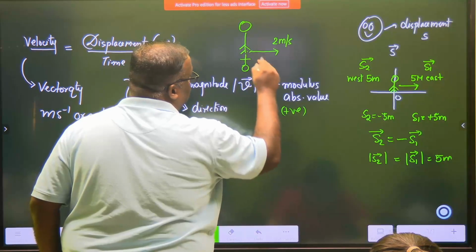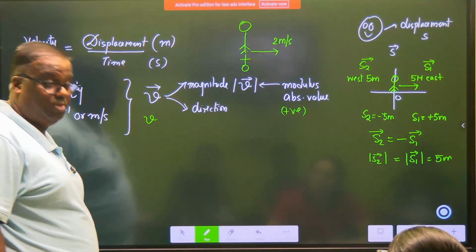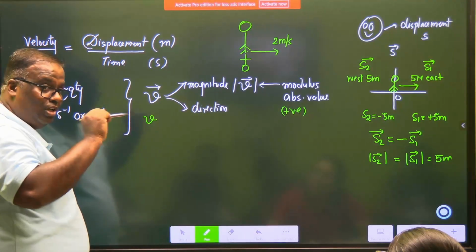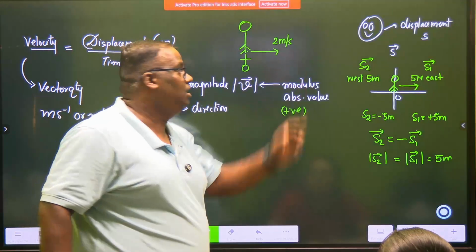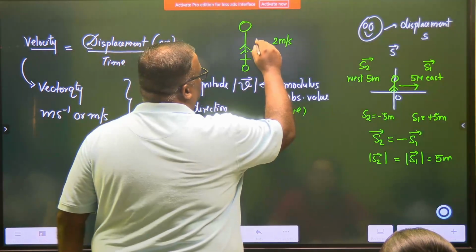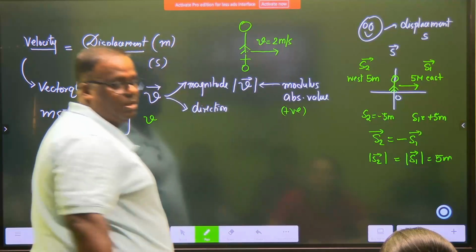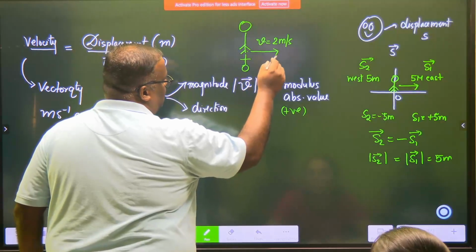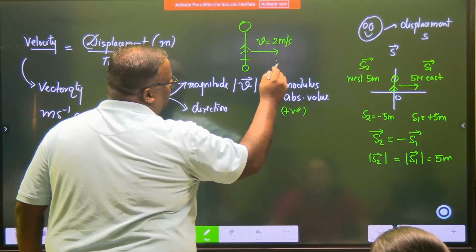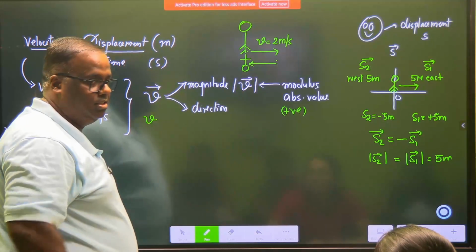Mind you, the person cannot move like this, because if he's moving like this, then it is no more displacement. He has to move only in a straight line. So if he is moving in this direction, I would say that V is equal to 2 meters per second. Understood? Same person, say after he reaches here, he again starts moving on this side, the back side.